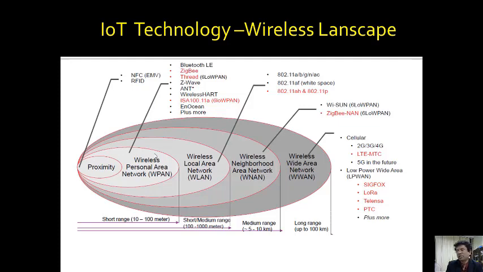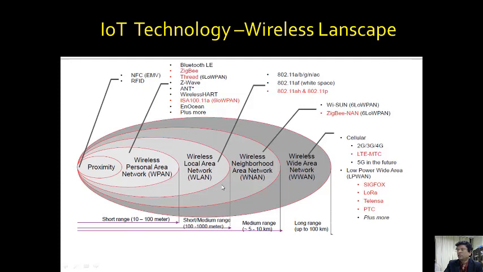So wireless technology plays an important role depending upon the proximity. Sensors such as RFID or wireless personal area network, typically the classification is based on the distance range: short range, medium range, or long range.